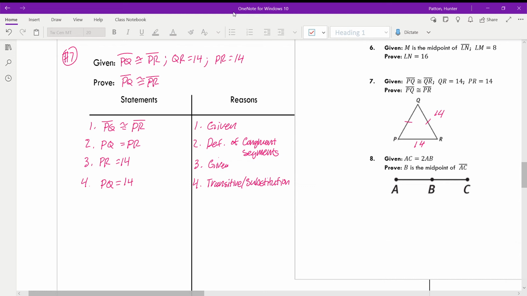Oh, excuse me. Guys, back it up. I know I wrote my given down wrong. You'll have to excuse me. This should be QR. I was wondering why that was so easy.